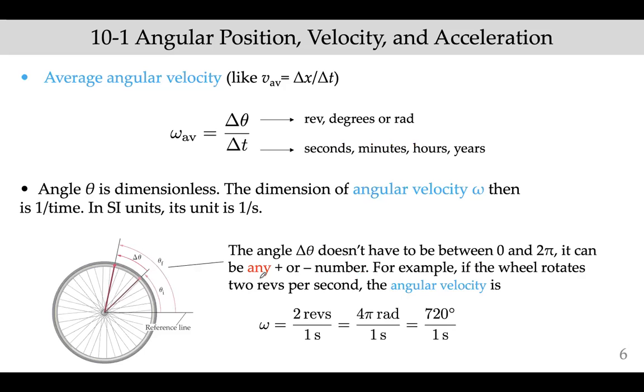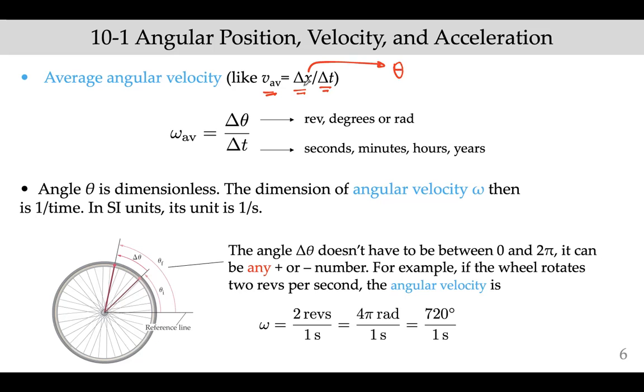Let's move to average angular velocity now. If you remember from linear motion, the average velocity would be delta x divided by delta t, the change in position divided by the time passed. The angular velocity is similar. Instead of x in rotational motion, we had the angle.